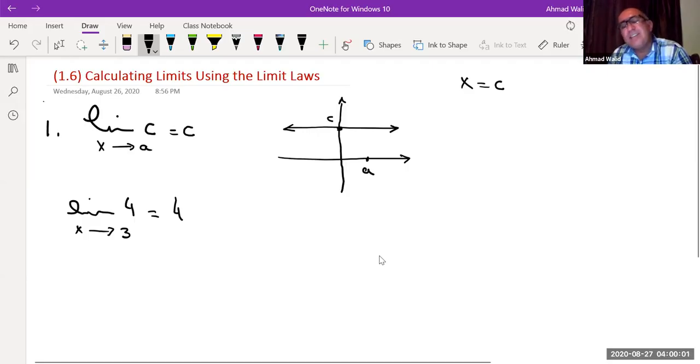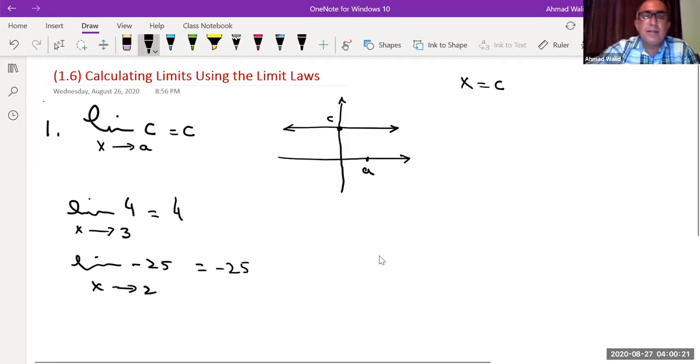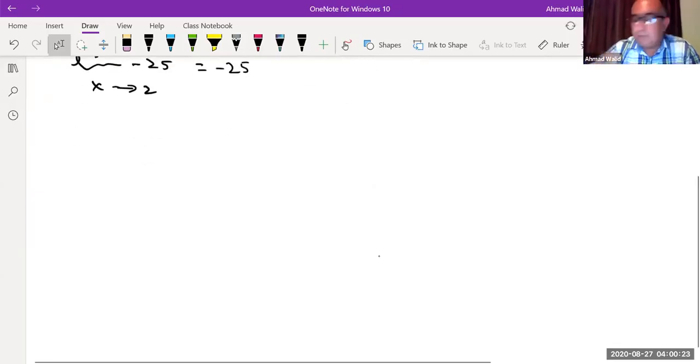You cannot plug 3 there. That's why it gives you back 4. The limit of, for example, negative 25 as x approaches 2 will give you back negative 25, whatever that number is. Correct?